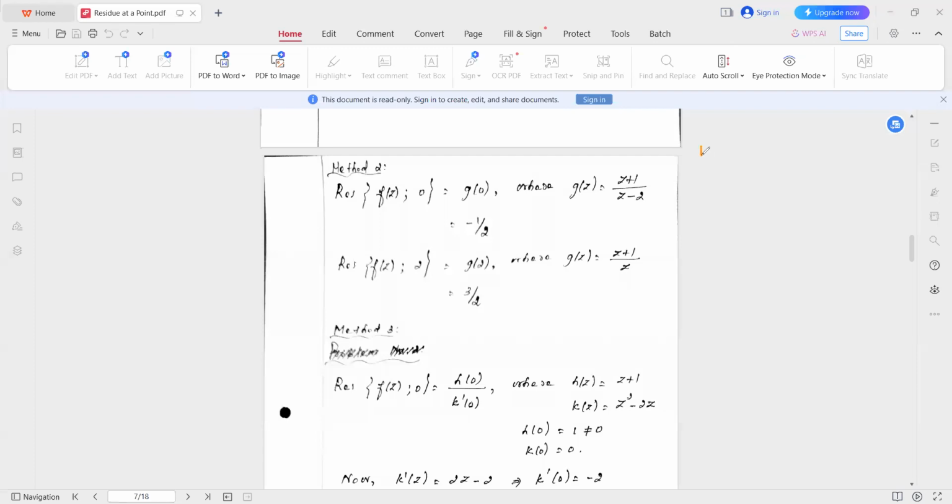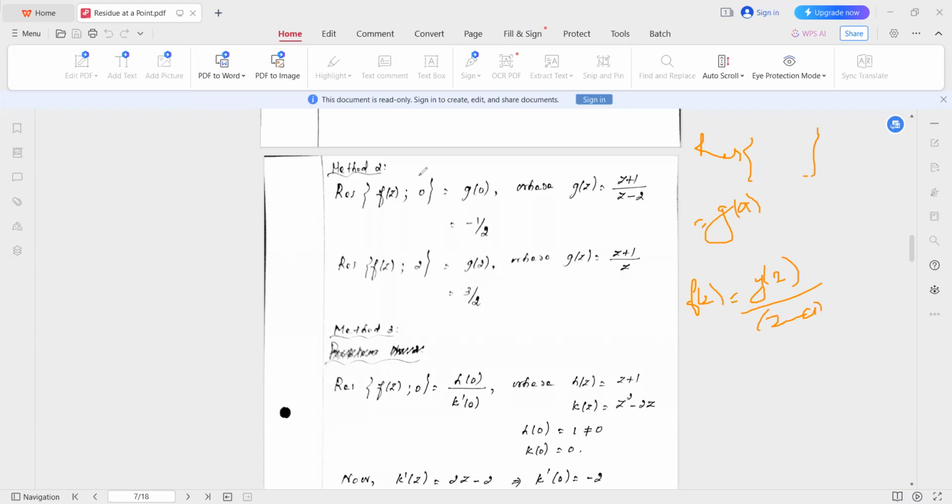Residue of f of z at the point a is equal to g of a, where f of z is of the form g of z divided by z minus a.